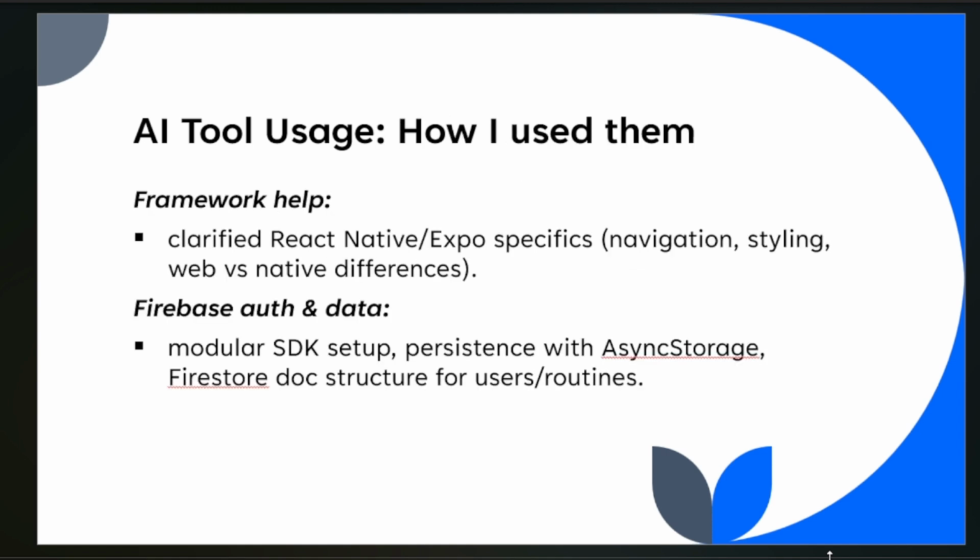How I ended up using them, I used it more or less specifically to clear up some native and Expo differences, such as the difference between web and native. I also used it to help me set up Firebase for APIs such as OpenAI when I had to transfer that information to the Firebase collection I set up for it.